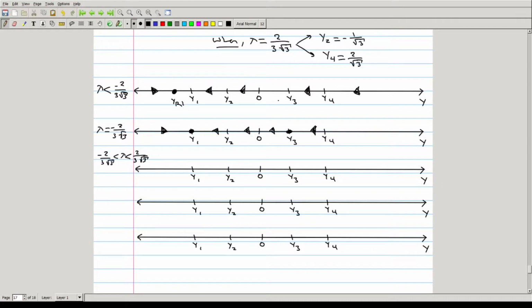And the real roots are going to, generally be greater than y1, less than y2, one root that's going to be greater than y2 and less than y3, and one root that's going to be greater than y3 and less than y4.